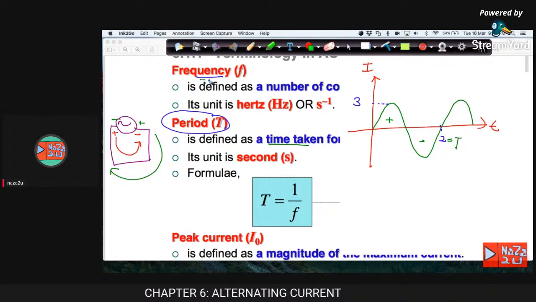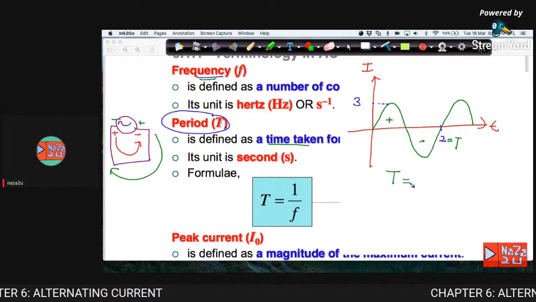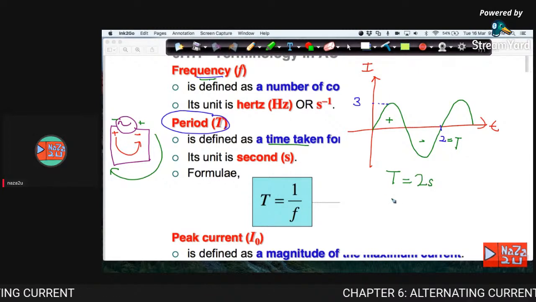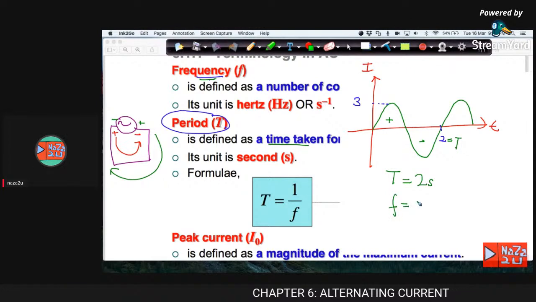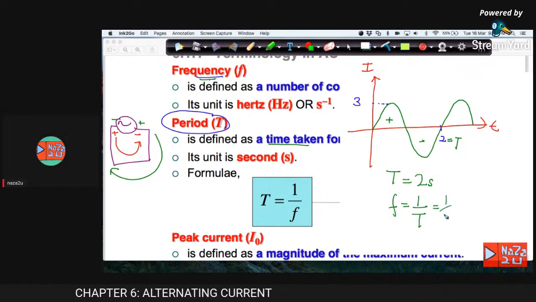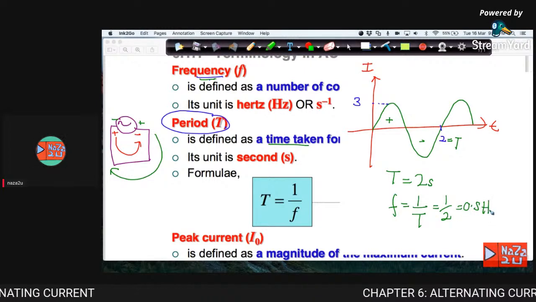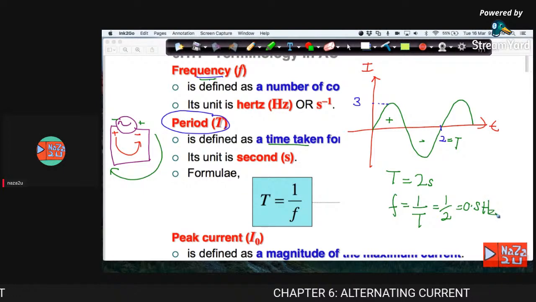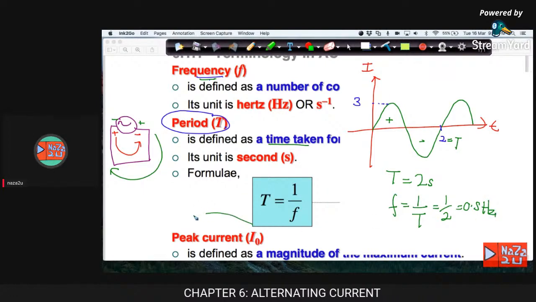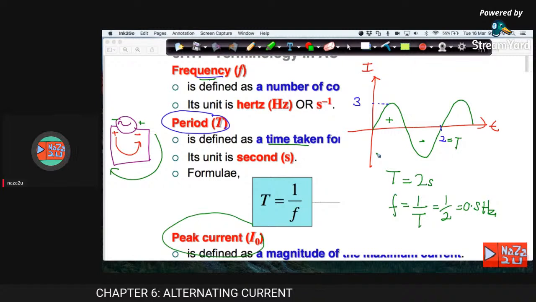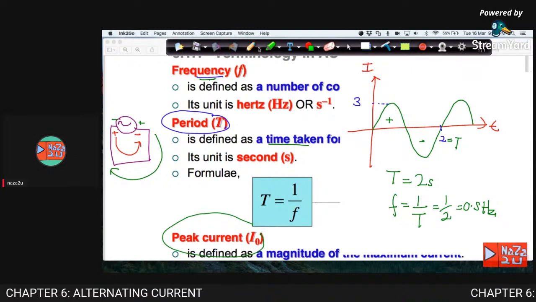Okay, what is the frequency? So if you have the value of T is 2 seconds, so meaning you can find the frequency because frequency is 1 over T. So you have 1 over 2 or 0.5, and the unit for the frequency is hertz. Right? And the next is the peak current. So peak current is the amplitude or maximum current.